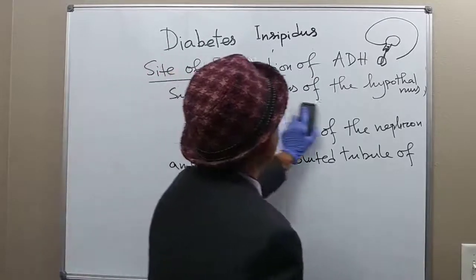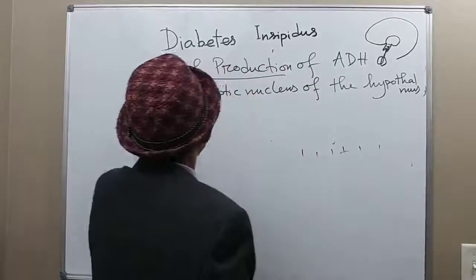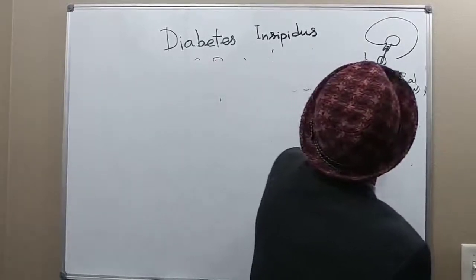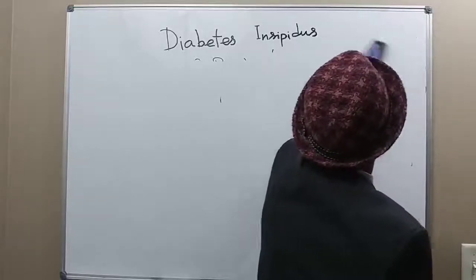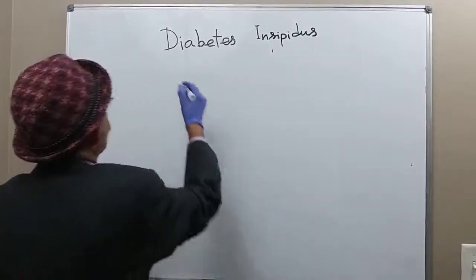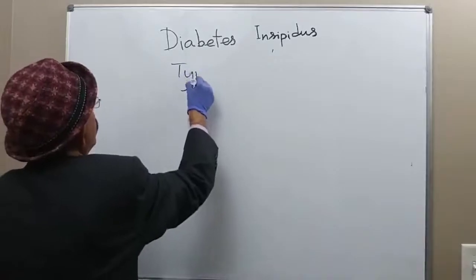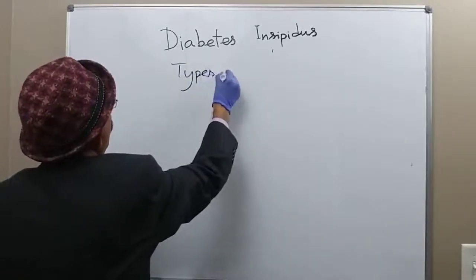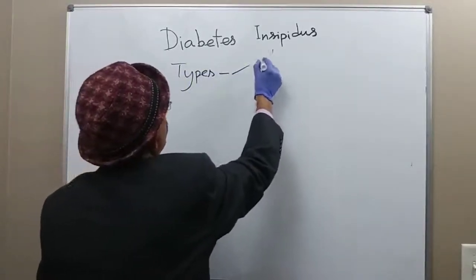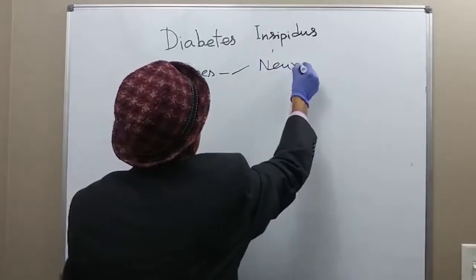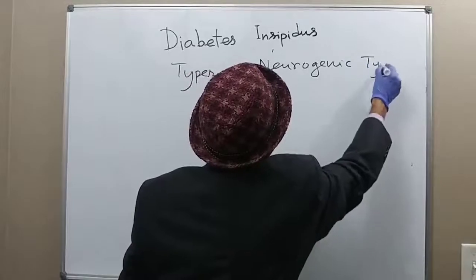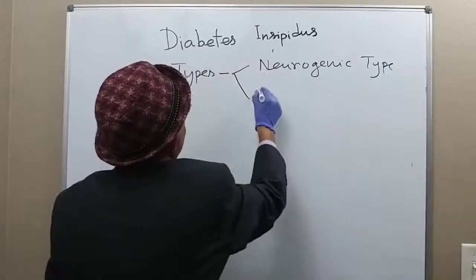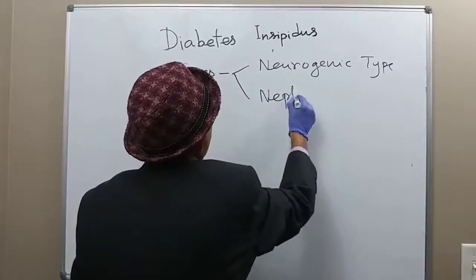Now we'll go to the types of diabetes insipidus. What are the types? One is the neurogenic type. Another one is the nephrogenic type.